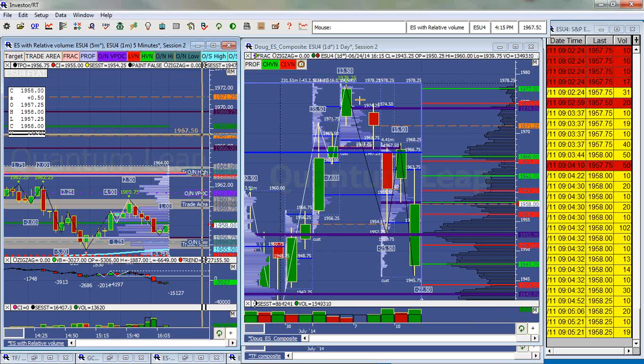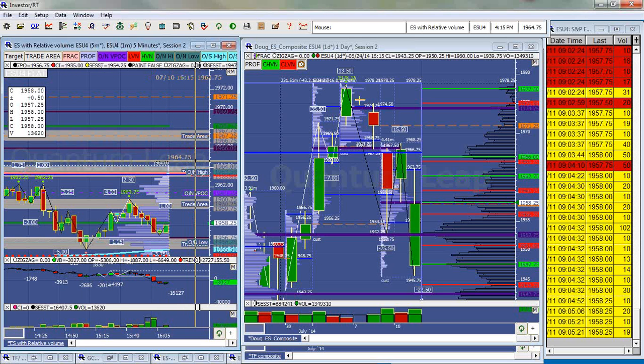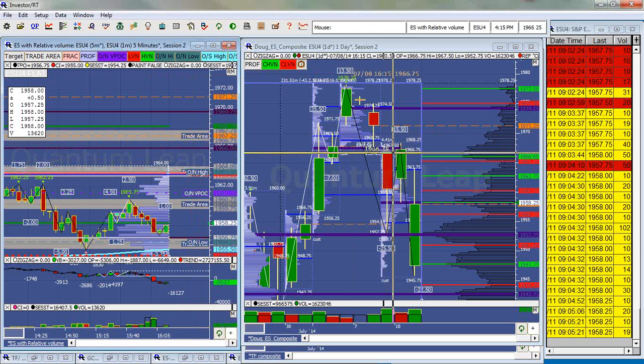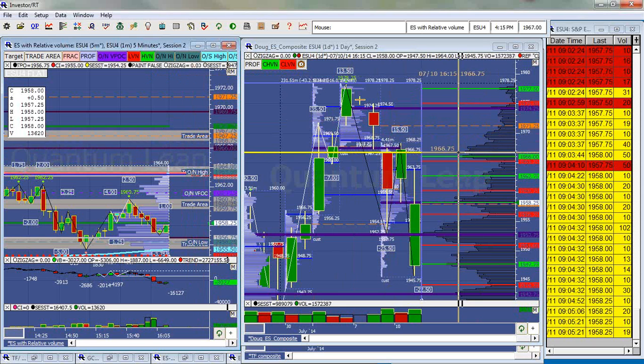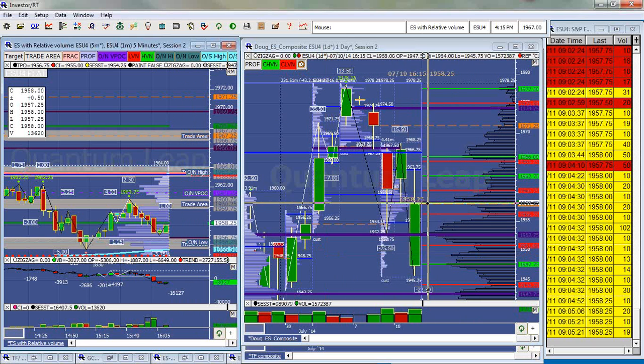But I think you really have to wait to see if they take out this 67.25 and possibly push through to 68. So I'm going to put a trade level right here, basically right at that 67.25, 66.75 level, because you might get responsive sellers stepping in trying to hold us inside of value here.